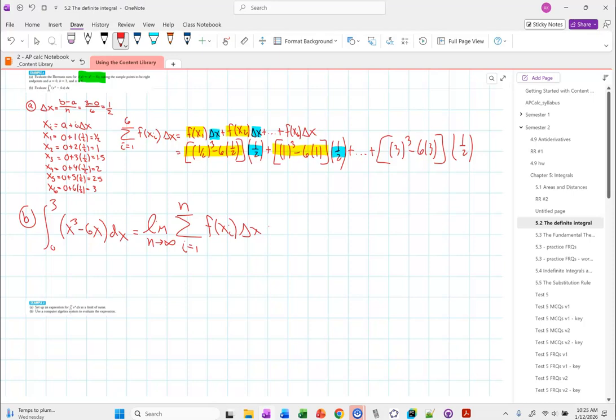Now, what is delta x equal again? Not 1/2 now. It's going to equal 3 minus 0 over n, because n is no longer 6, right? n is abstract, it's generalized, because we're taking the limit as n goes to infinity.